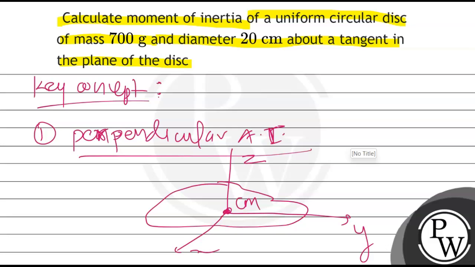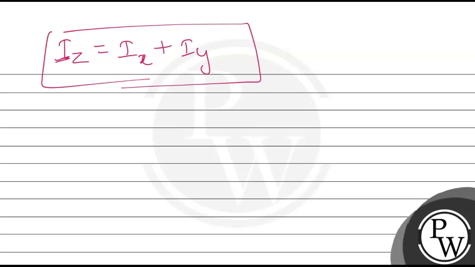The moment of inertia about the center of mass along the z-axis can be written as the sum of the moments of inertia of the center of mass along the x direction and the y direction. This is the perpendicular axis theorem.